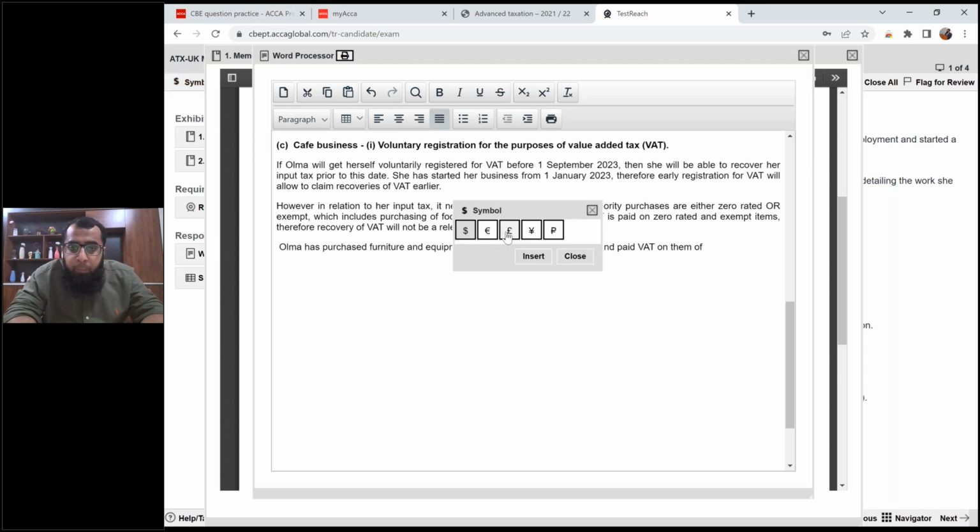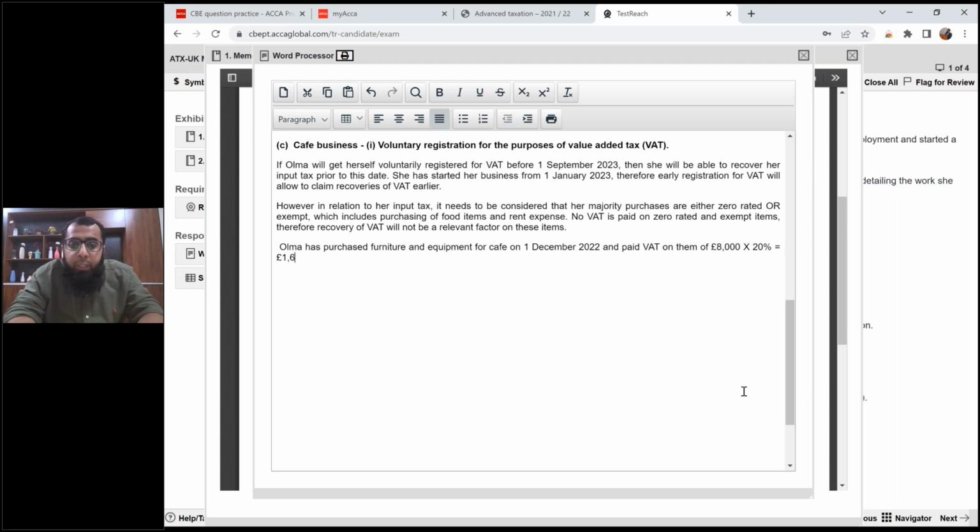I'll add the symbol of pound. If you can add, it's better, but if you forget, it's not an issue. 8,000 pounds into 20% is equal to 1,600 pounds. Alma has purchased furniture and equipment for the cafe on 1st December 2022 and paid VAT on them of 1,600 pounds.